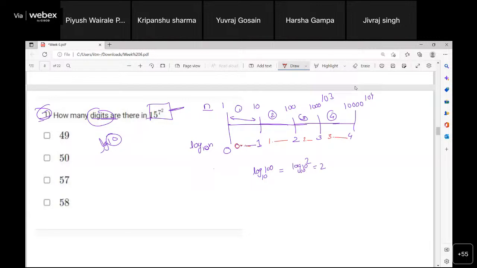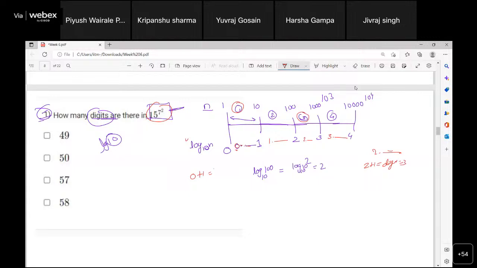So if you observe this, the value of the log of the number, the left hand side of the decimal digit, 0 plus 1, so here it is 0 plus 1, will be the number of digits. Suppose I am getting 2 point something for any particular value, then it will be 2 plus 1, that is 3 digits.